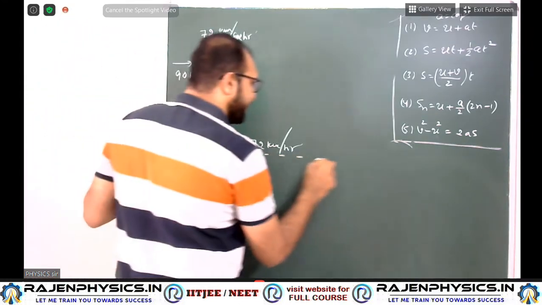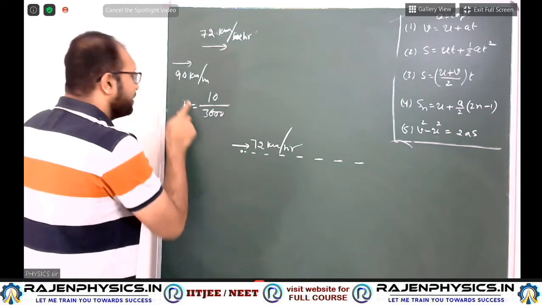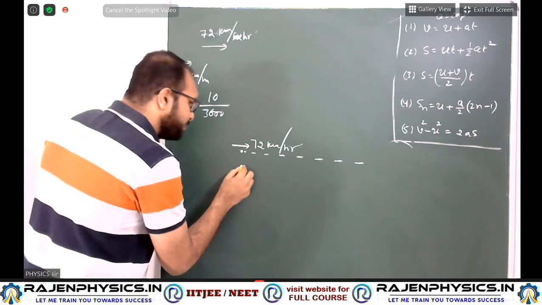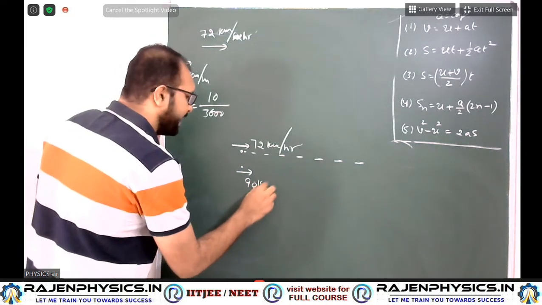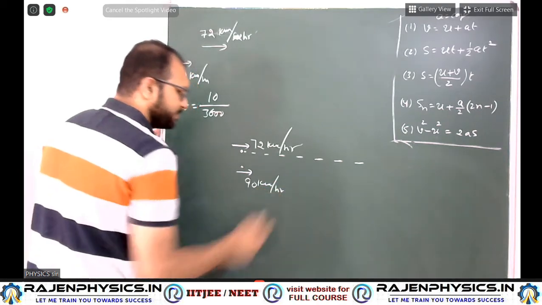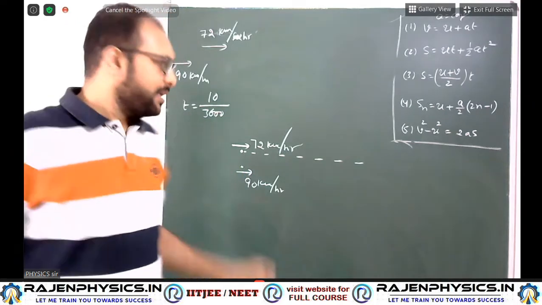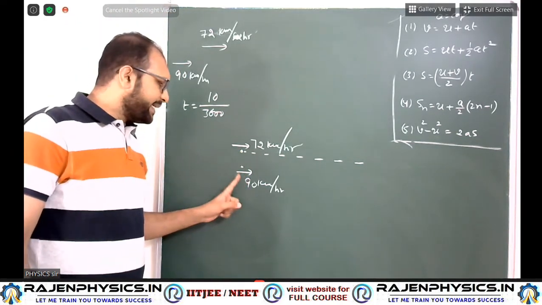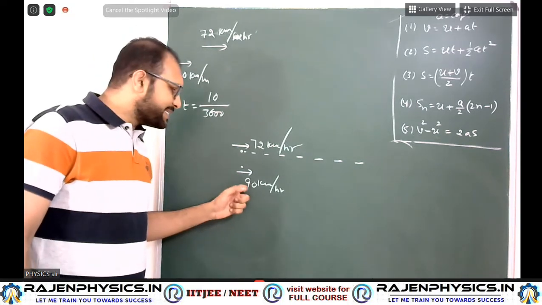Now the motorbike is going like this, and the police jeep comes here and moves at 90 kmph, but not simultaneously. This is t equal to 0, but it is 10 seconds late.